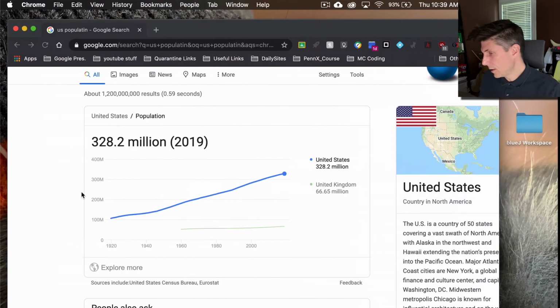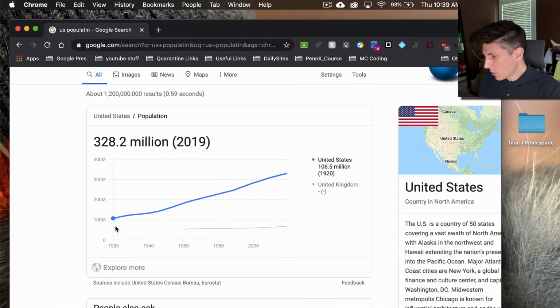361, and they're saying it's 328. So if you look at this growth model that they have, this looks sort of linear again, but it looks that way because of the scale of the axes. You have to keep that in mind.